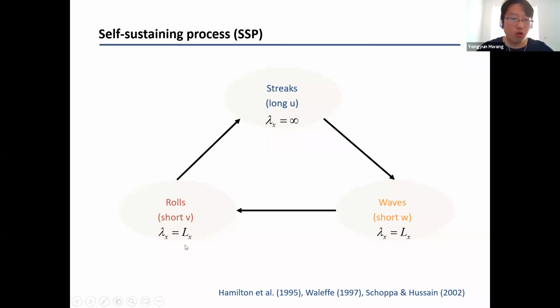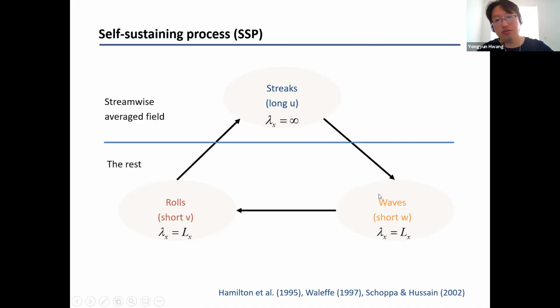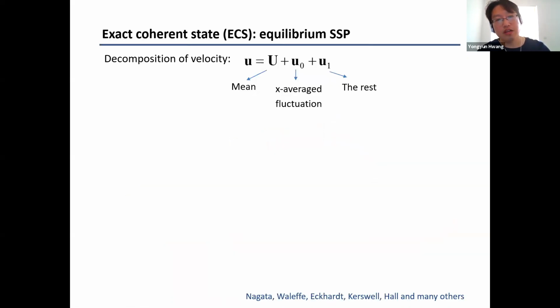But rolls and waves typically have the largest energy in the first wave component in the streamwise direction. Therefore, what you would like to do is decompose it into the streamwise-averaged field and the rest. Then you write down the equations by decomposing into the mean, the streamwise-averaged fluctuation, and the rest.